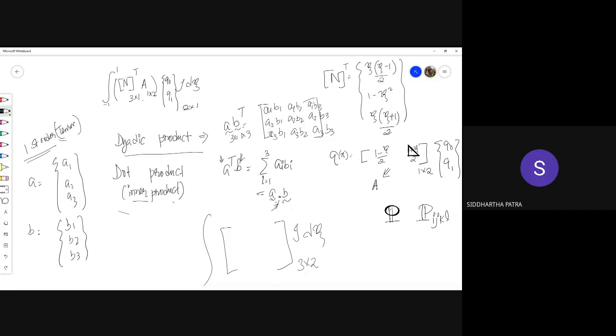Okay, j d xi, and you can take q0 q1 out of the integration. So you can do this multiplication after you have done the integration. Why am I saying this? Let's say if I give you the values of q0 and q1. Let's say q0 is 100 newton per meter, and q1 is 200 newton per meter.